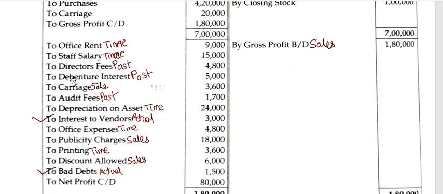After director's fees, debentures interest, and the entry is to be posted in post incorporation. What is the amount of debentures interest? 5,000.